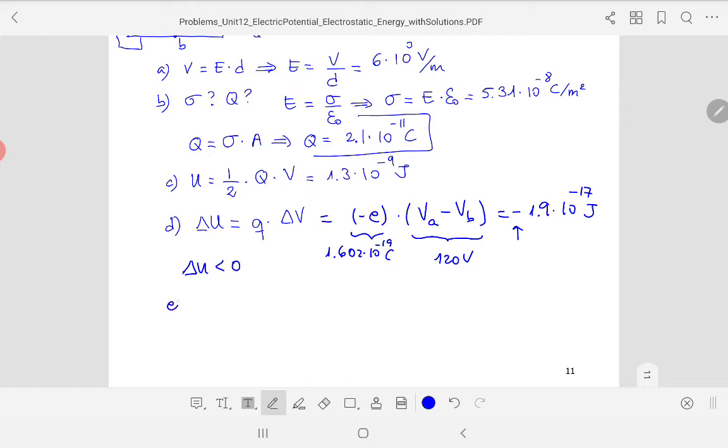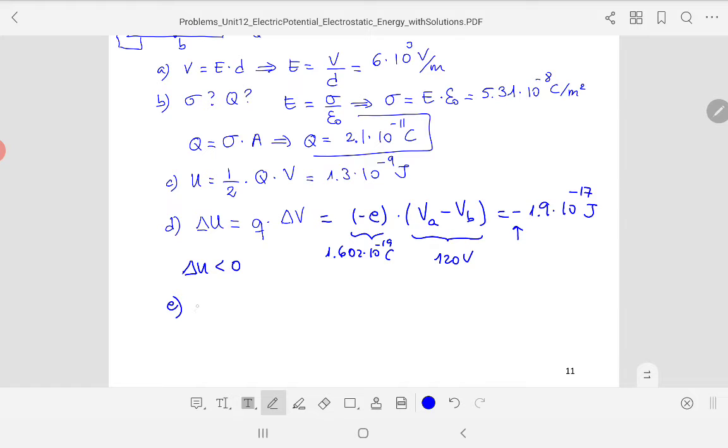Okay, and to solve section E, we just need to use energy conservation. We're going to assume there's no friction in this problem, and that the electron is just transforming its initial potential energy into kinetic energy.